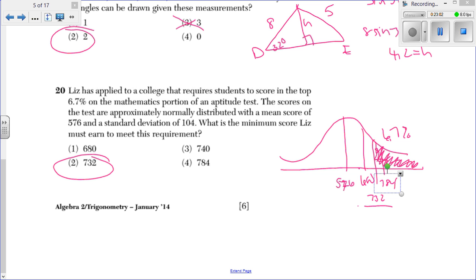You could use the inverse norm of this one. The area is 0.067. Let's see here. Alright, this is just easier done by hand than it is on the calculator.